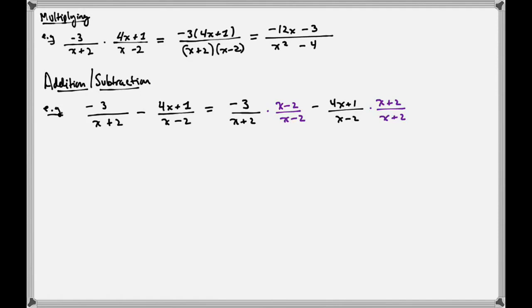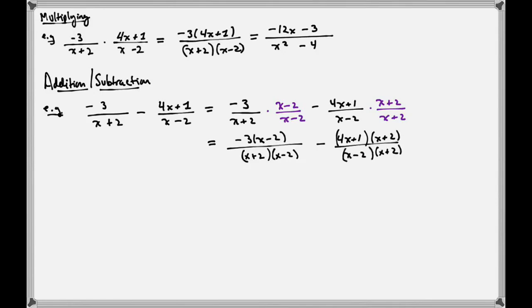We now go ahead and do the multiplication in each one. So I'm going to have minus 3 times x minus 2 over there, and its denominator will be this product of factors, x plus 2 times x minus 2. In the second one, 4x plus 1 times x plus 2, and it now has the same denominator, x minus 2, x plus 2.